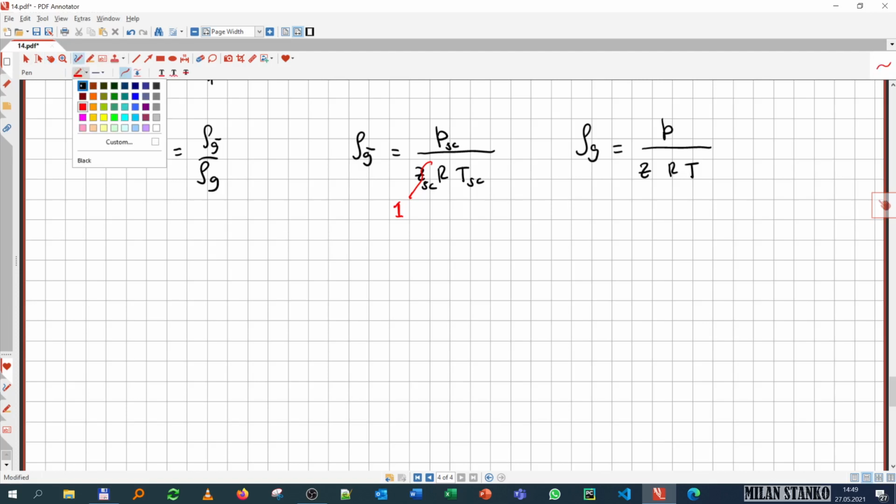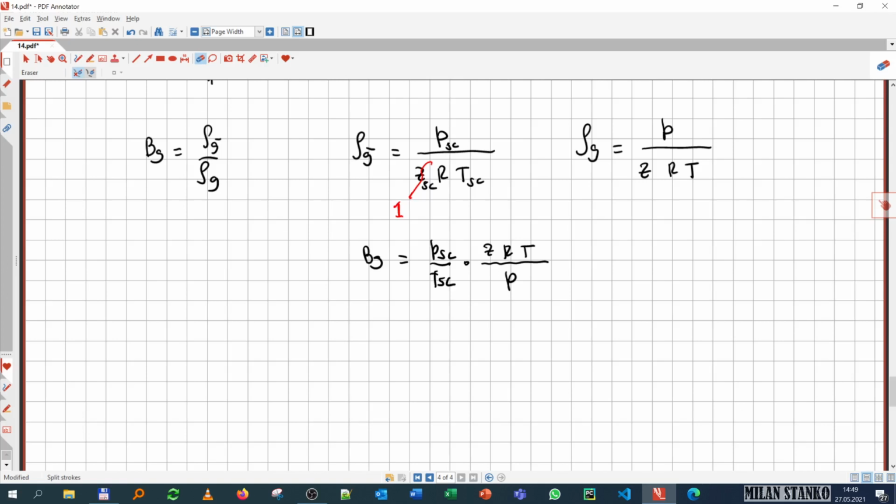So then my Bg ends up being Psc over Tsc times Z R T divided by P, and the R, the gas constant, goes away. So Z T over P. And this prefactor is simply a constant because remember Psc is 1.01325 bar, at least in Norway, and Tsc is 15.56 Celsius.